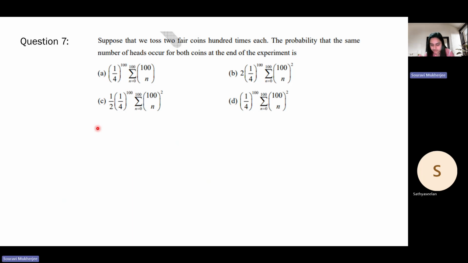Do it for one coin first, and then the same will be happening for the other. So you can just multiply. They are independent events. So when you're talking about probabilities, if there are two independent events happening, you can multiply the two. Okay, if you're looking at a joint occurrence of two events.